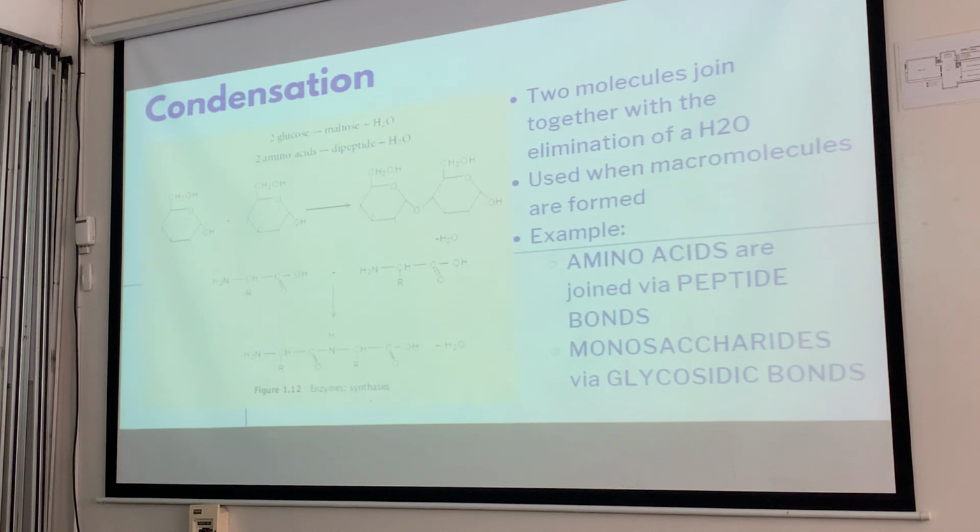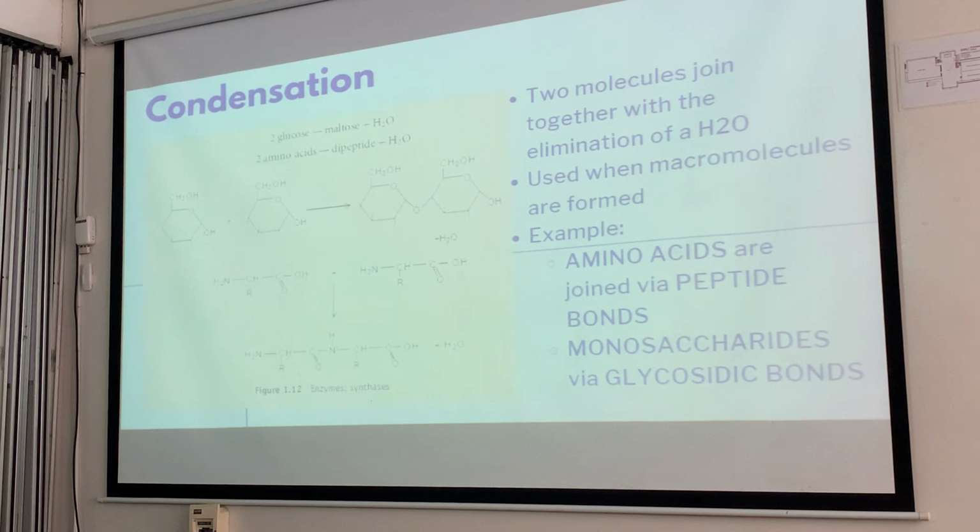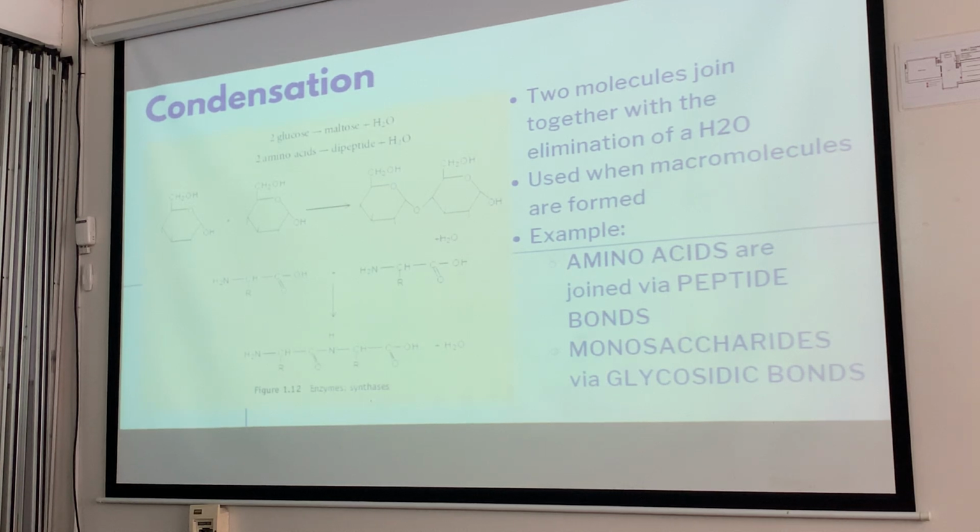Okay, condensation. When you say condensation, it means there is a combination. Two molecules are joined together when you take out what component? Water. So usually you will find this in your amino acids, through peptide bonds.